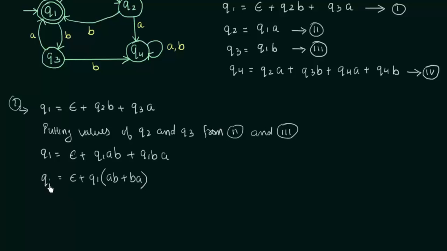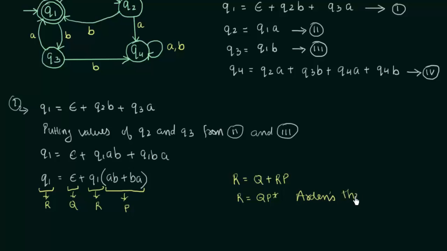Now if you observe this equation, Q1 equals epsilon plus Q1(AB plus BA), we can see that it is of the form R equals Q plus RP, where Q1 is R, epsilon is Q, and this whole term is P. So by Arden's theorem, whenever you have an equation of the form R equals Q plus RP, it can be written as R equals QP star.